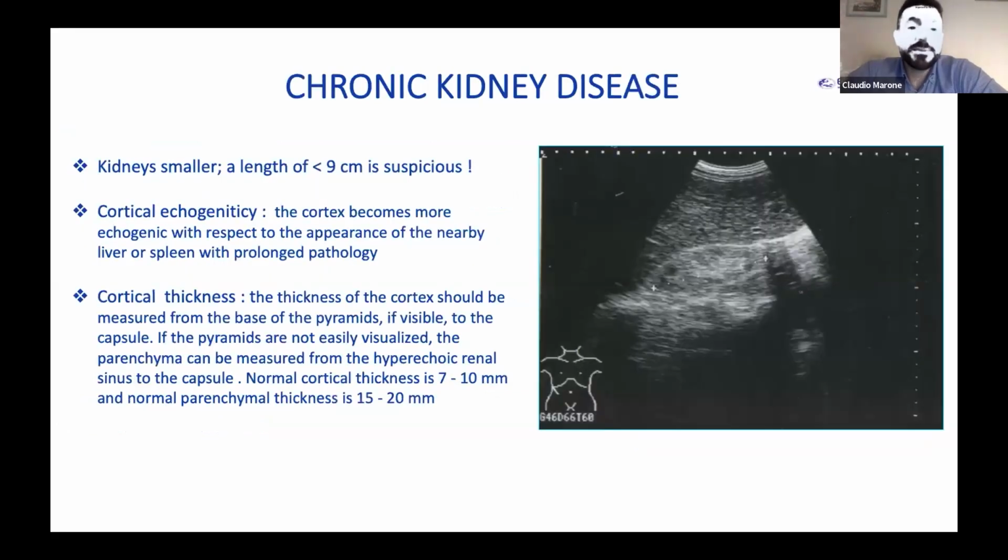In the chronic disease, we see kidney smaller, of course, and a length of less than 9 centimeters is really, really suspicious. We see increasing of cortical echogenicity and a reduction of cortical thickness.